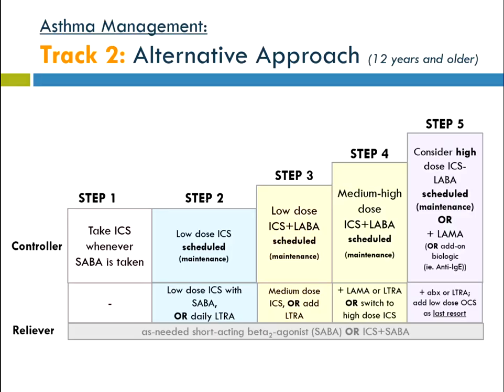Okay? Then you have your alternatives at the bottom, so you can add the leukotriene modifiers at specific steps and then maybe an oral corticosteroid as necessary. The other difference with this track 2 is that now we are considering ICS plus SABA for the reliever or a SABA alone. What did we say about SABAs alone?